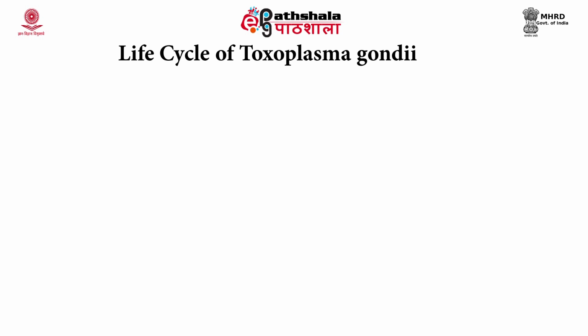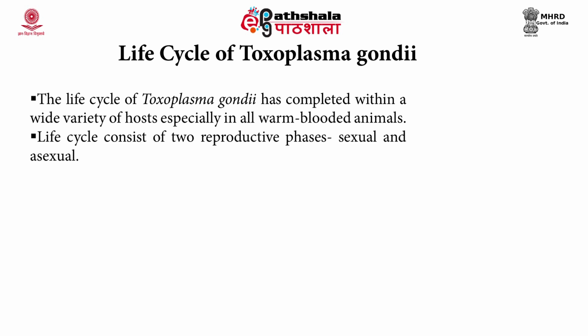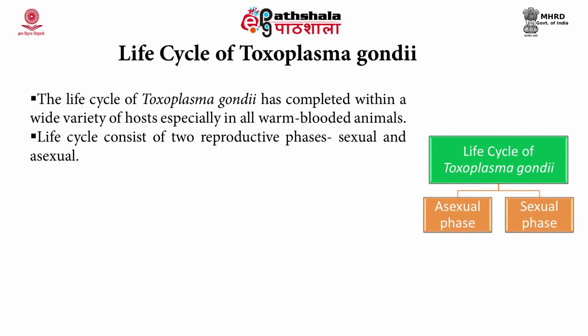Now we will discuss the life cycle of Toxoplasma gondii. The life cycle of Toxoplasma gondii is completed within a wide variety of hosts, especially all warm-blooded animals. The life cycle consists of two reproductive phases, asexual and sexual.